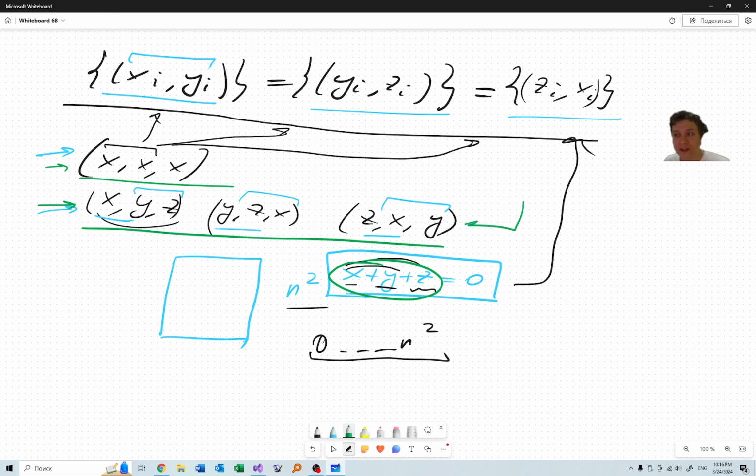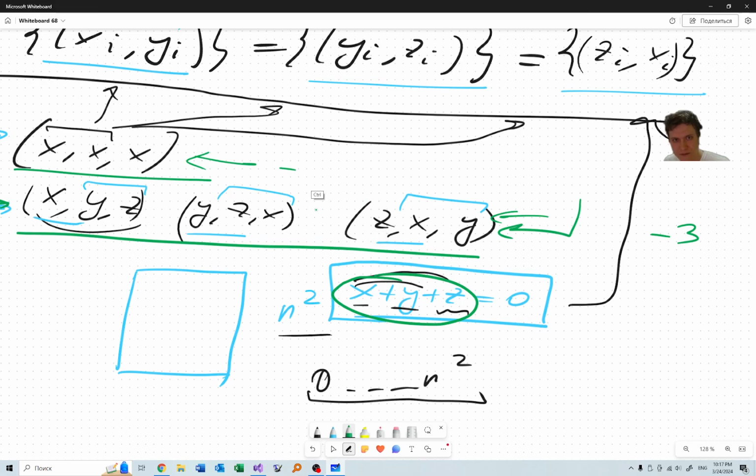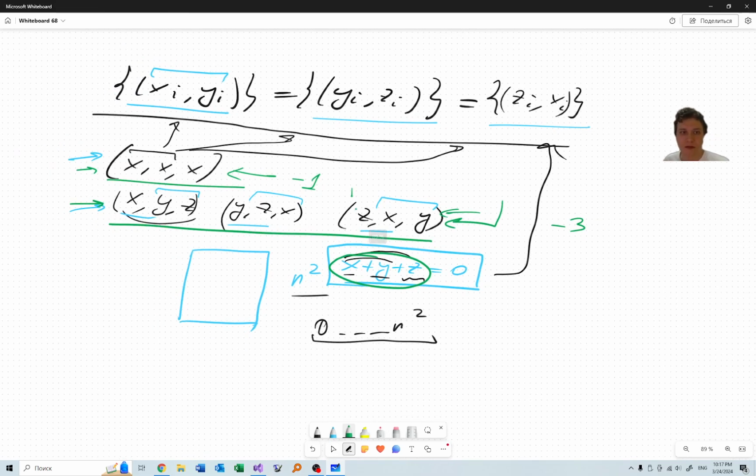Each time you remove this one, and the majority of the triples are of this type, you get -3, but you can also remove this triple and get -1. So you can get either -3 or -1.